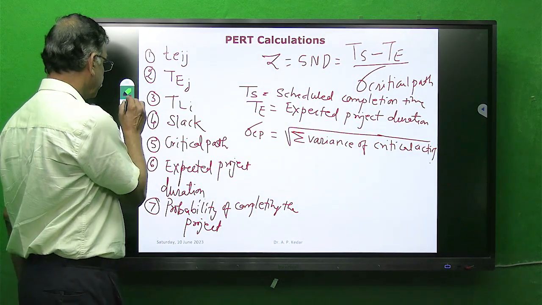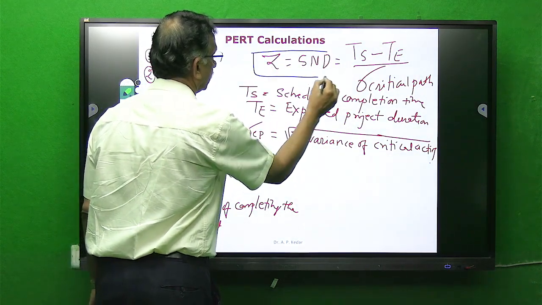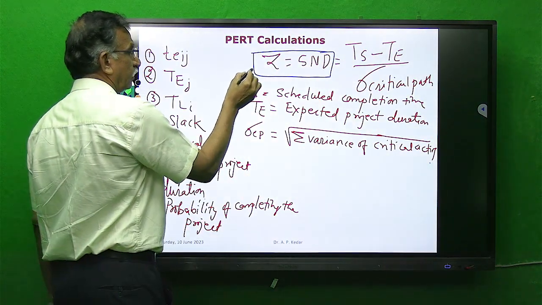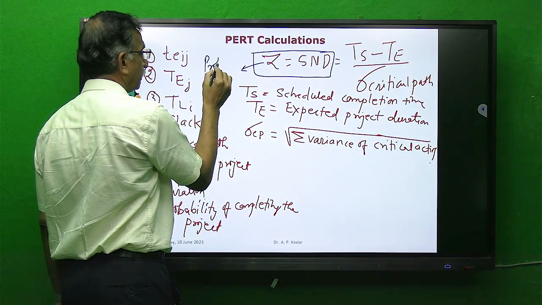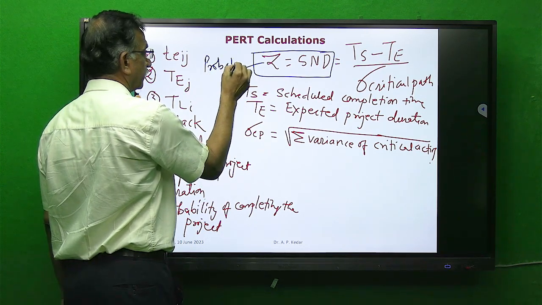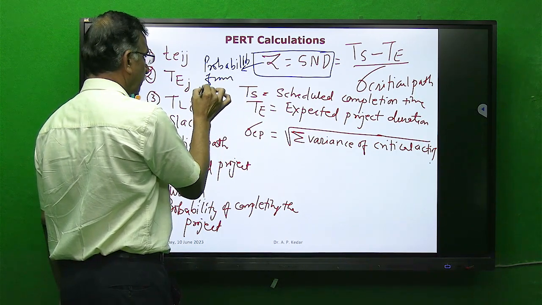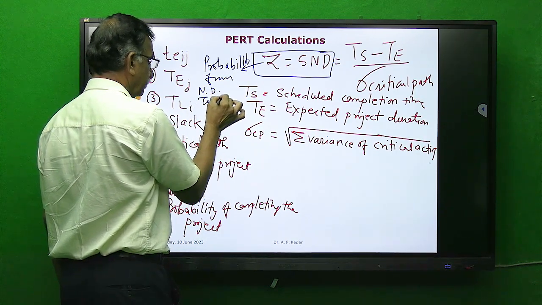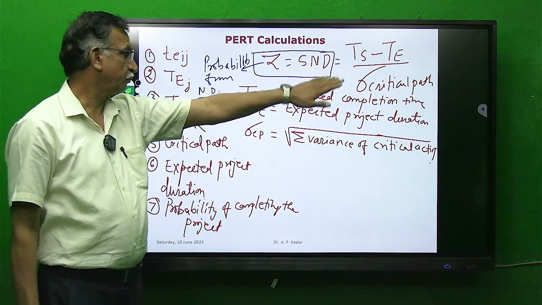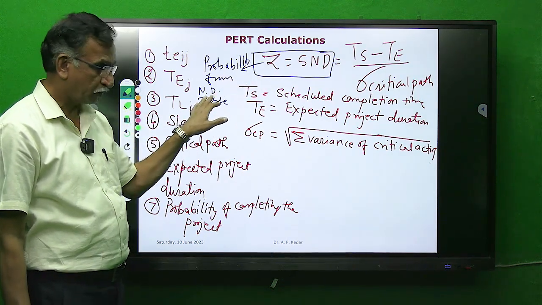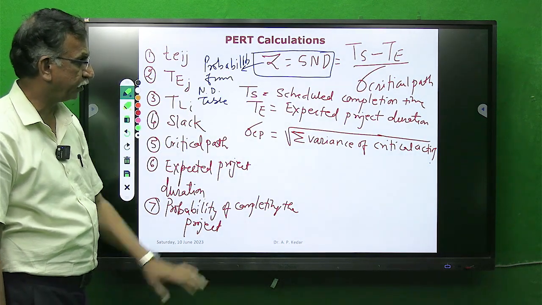So important calculation, SND Z, and from this Z we will be finding the value of probability from normal distribution table that I will show you. So Z is equal to SND. This formula will calculate Z, and from Z by using normal distribution table we will be finding the value of probability.